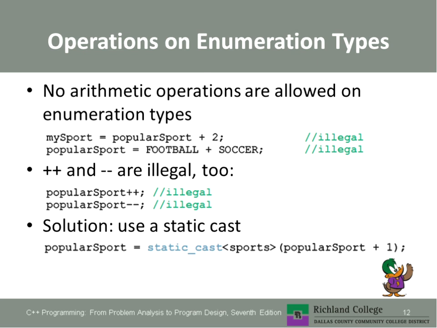Now remember what a data type is. A data type is a set of values and a set of operations on those values. Now how do we operate? We cannot just use the plus and minus signs. We cannot use just a simple assignment operator, because those operators are also functions.